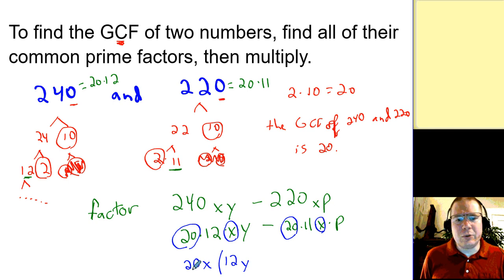This term is 20 times x times 11 times p. And since this minus was in front, I need to keep that minus there to show that it's technically 20 times negative 11. That negative is staying with the 11, right?